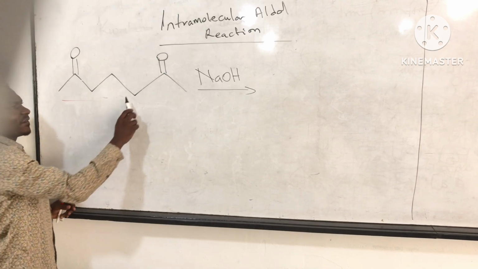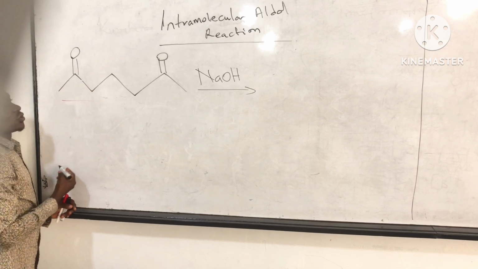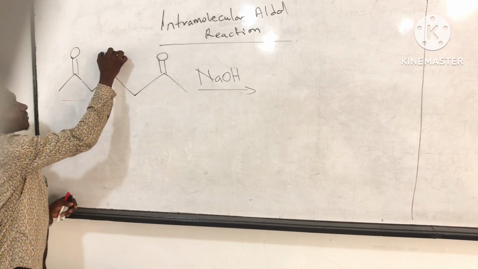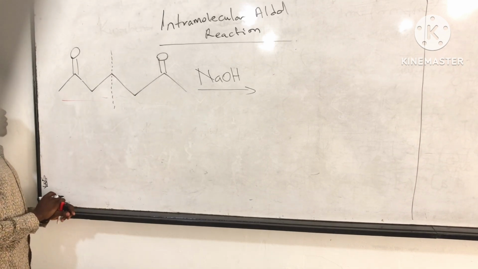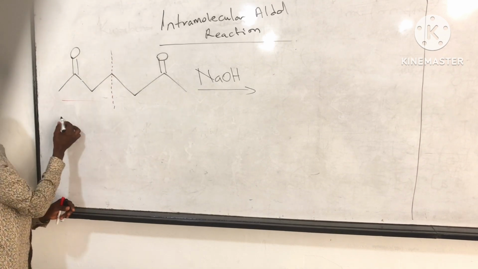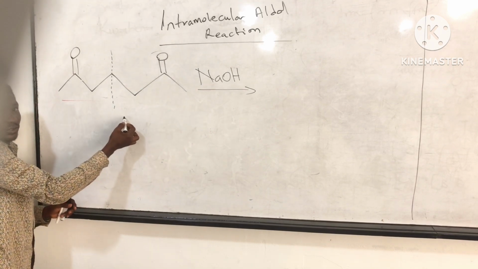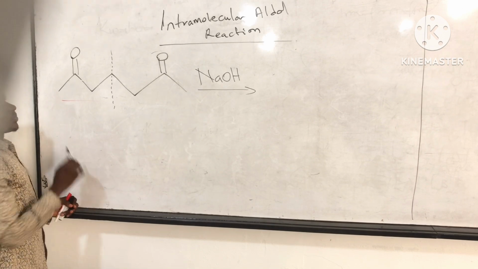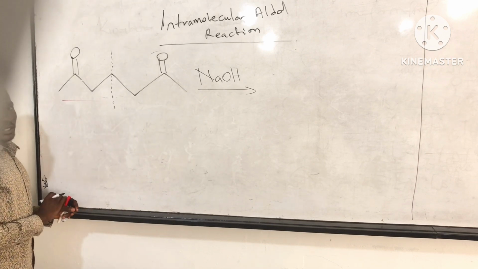So if I divide this molecule using this plane in the middle, whatever I have here is the same as whatever I have here. Do you get? Good. So if you have a molecule that looks like this, it tells you that it is symmetrical.